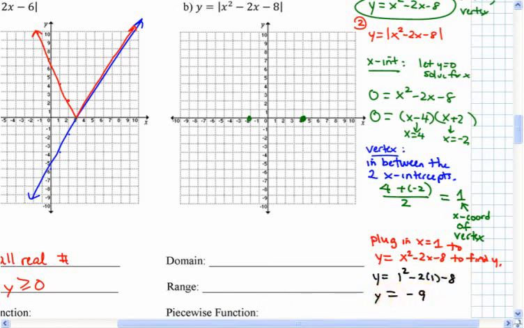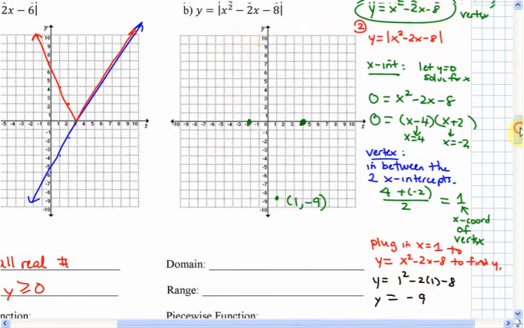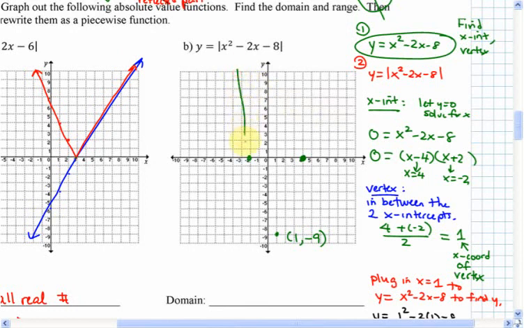I'll give you a chance to catch up, but the big thing I want you to plot here is 1 comma negative 9. I did all this because now you know what the graph of y equals x squared minus 2x minus 8 looks like. It's this.